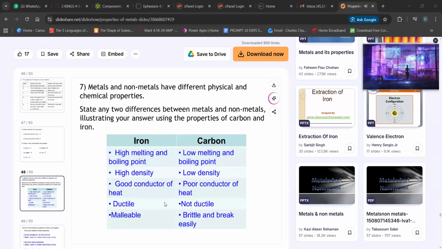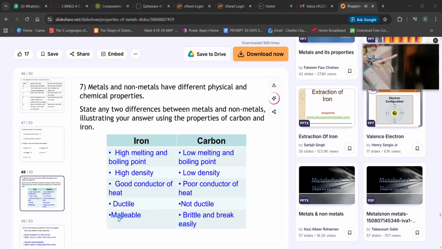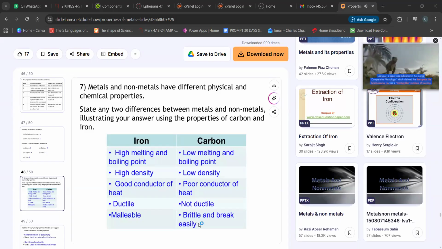Then we have ductility as a property for iron and lack of ductility as a property for carbon. Metals are malleable while carbon easily breaks. If you are looking for a very good example of carbon, you can look at that black part in your pencil, the bit that makes your pencil write.